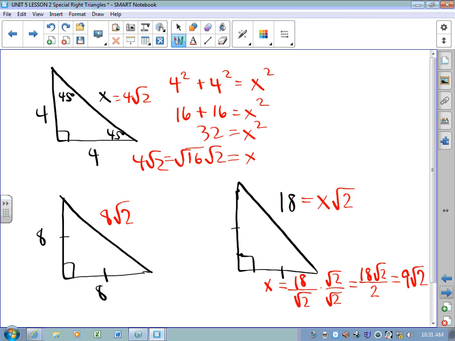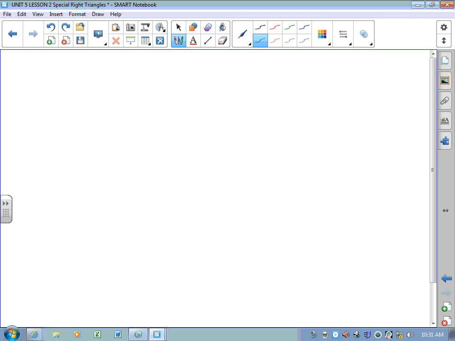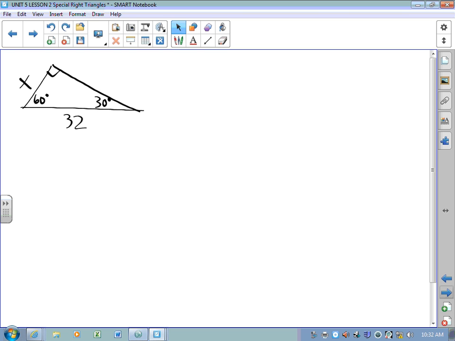Okay, so in a 30, 60, 90 triangle, here's your 30, here's your 60. This is 32. I want that x. Well, I've got to remember that this hypotenuse is the 2.